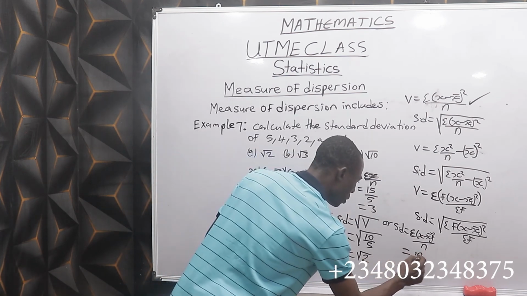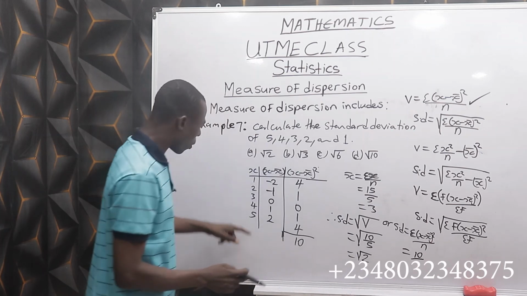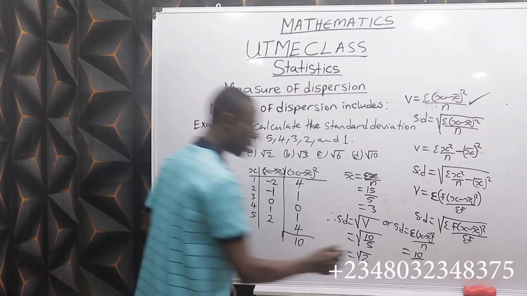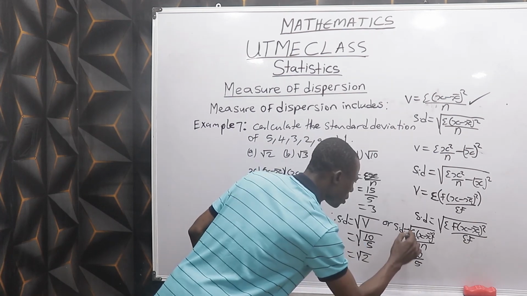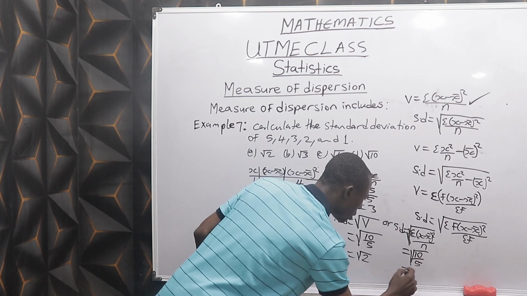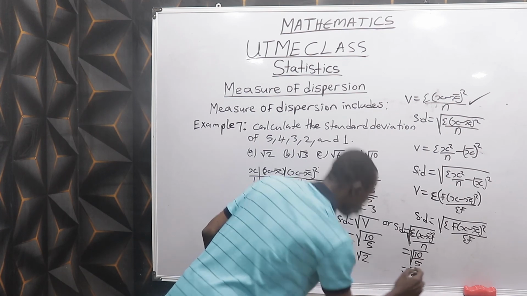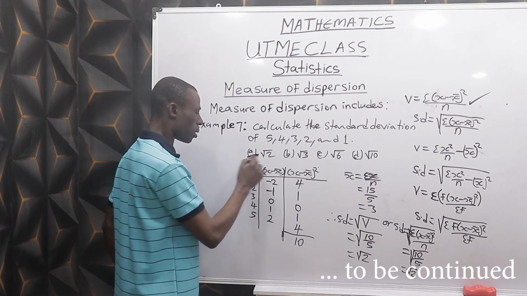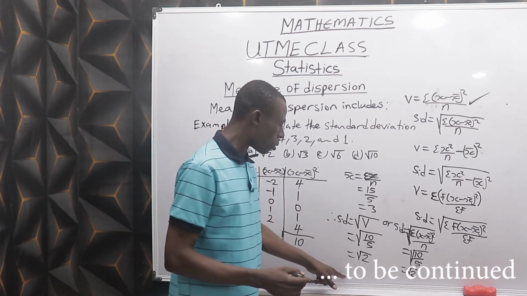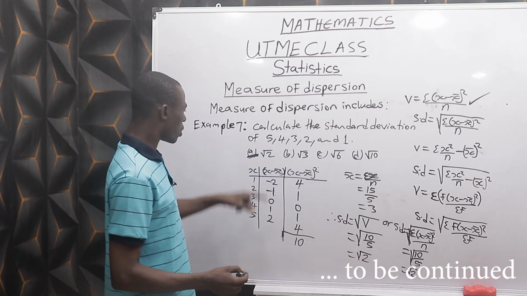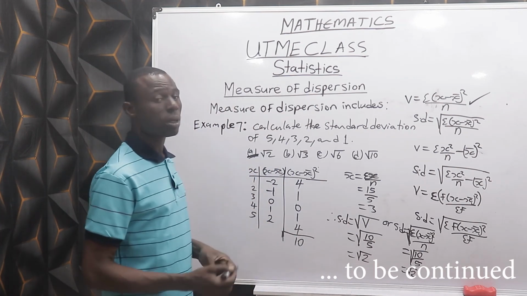Put it there. N is the number of items we have here, 1, 2, 3, 4, 5. 5. Square root of this. Square root of 2. So the correct option is option A. If you look at it, whether you do it like this, straight way, or like this, the square root of 2 is the answer, which is option A.